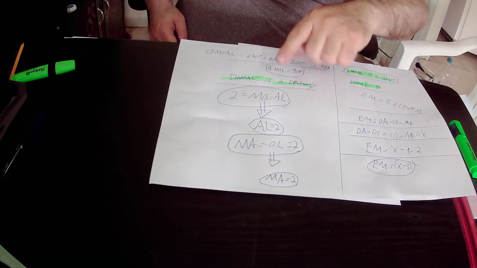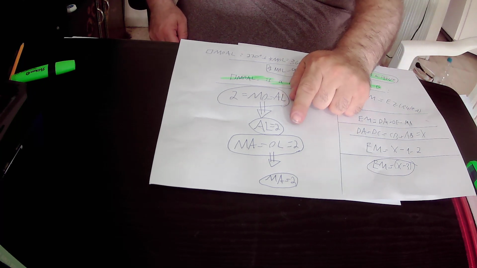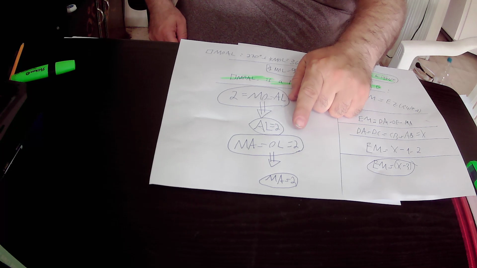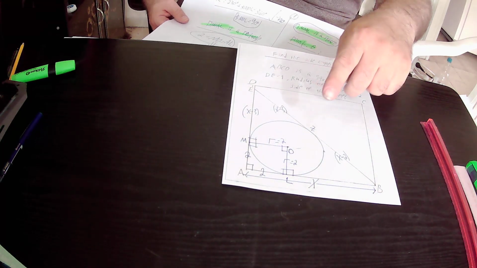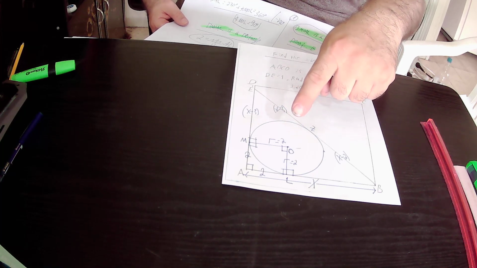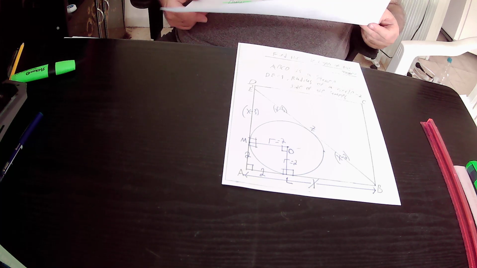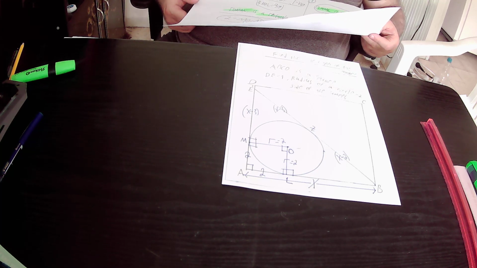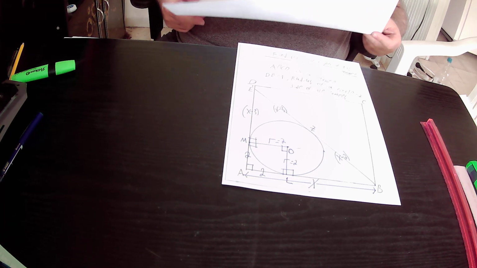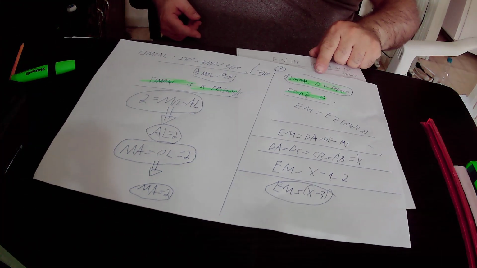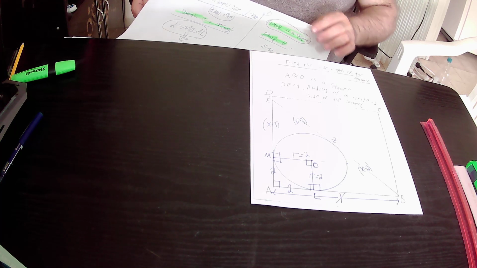And from MA equals LO equals 2, we derive that MA also equals 2 units. Actually, we found out that all the sides of quadrilateral MOAL are equal to each other, therefore quadrilateral MOAL is not just a rectangle but a square. Quadrilateral MOAL is a square. Then I presented to you rule number 2.